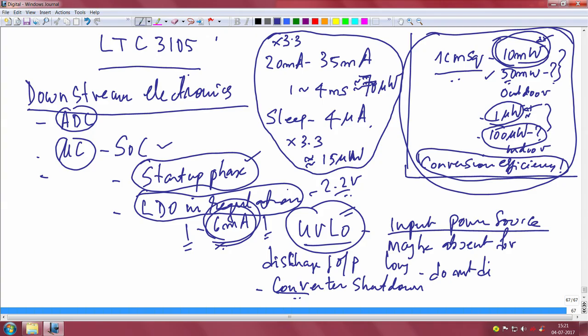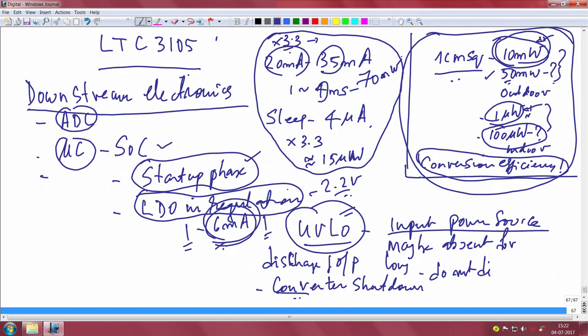If you take the LTC output that we have seen as 3.3 volts, and you do some sensing, compute and then communication, you will need anywhere between 20 to 35 milliamperes for a very short duration of 1 to 4 milliseconds, which gives you a power requirement of about 70 milliwatts or something like that.